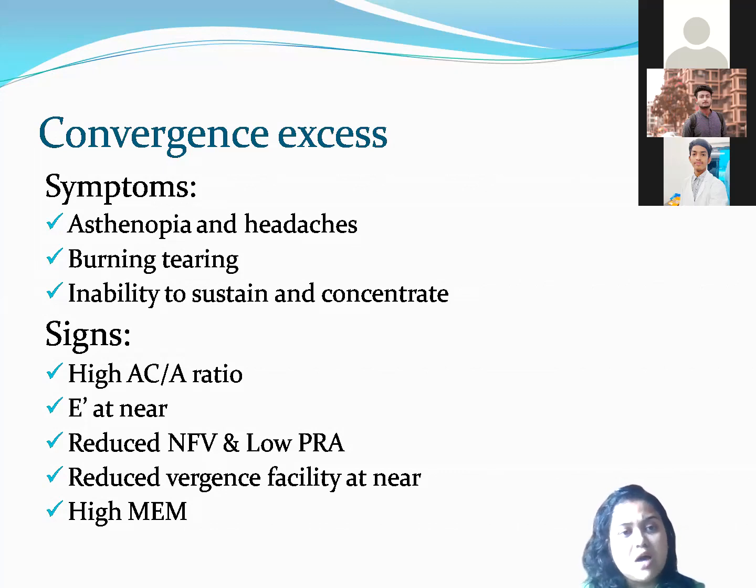Suppose there is a near target even at 40 centimeters. First my positive fusional divergence will work. I will try to fuse and make it single and clear. When my fusional divergence reserve gets exhausted, then only my accommodation will work.